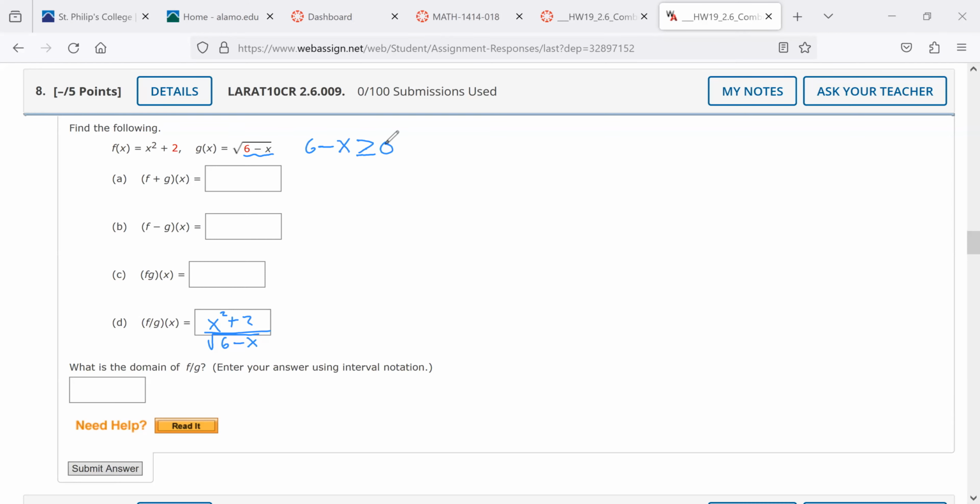The inside must remain positive, but it can also still be 0. So subtract the 6 over. Divide by -1. When you divide by a negative, the inequality rule says you need to swap it.